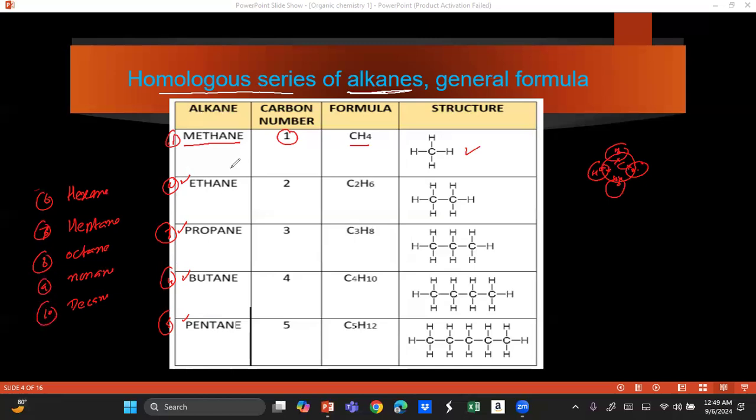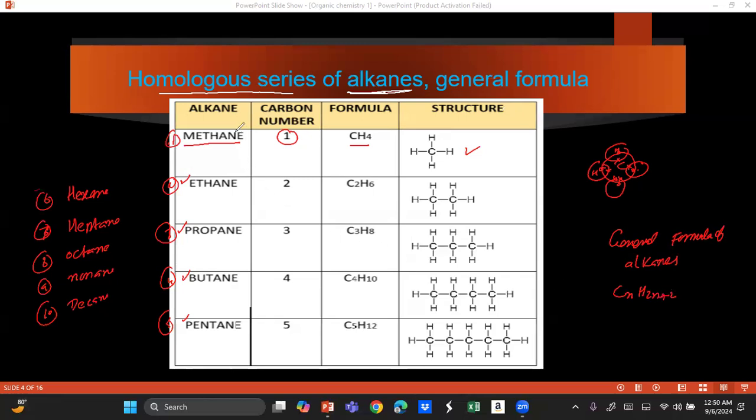So now, if you know this general formula which I'm writing here, the general formula of alkanes is CnH2n plus 2.